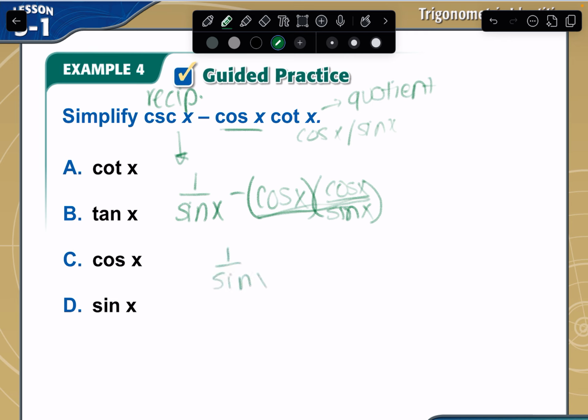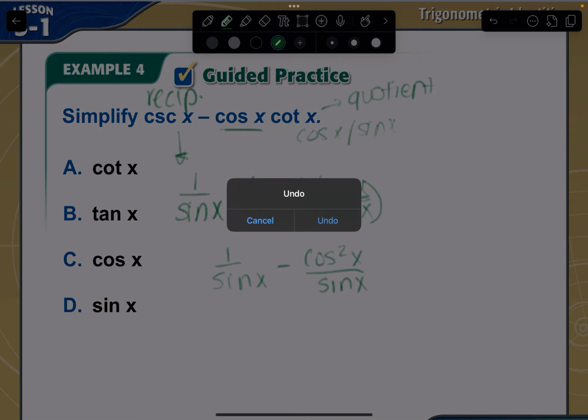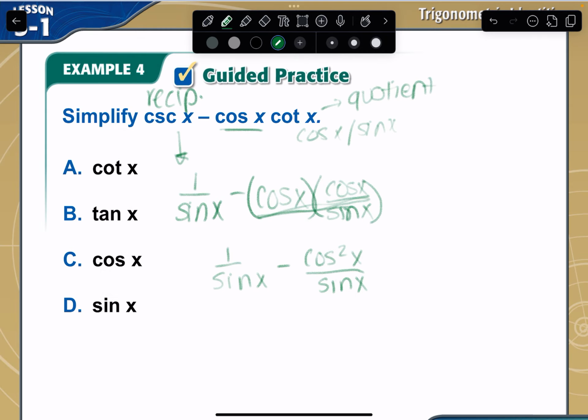So I will end up with 1 over sine x minus cosine times cosine over sine. And this is where you have to pay attention. Cosine times cosine is not going to give me 2 cosine. It's going to give me cosine squared. If that helps you think through things, okay?